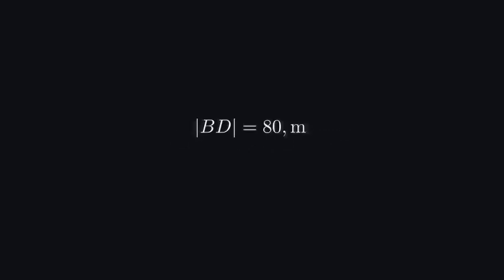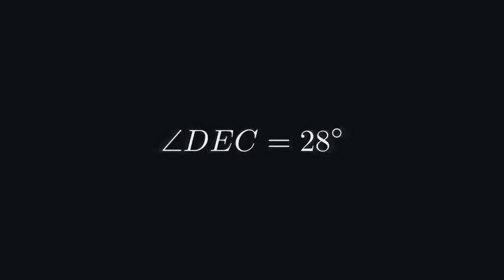Length of BD equals 80 m. Angle DAB equals 36 degrees. Angle DEC equals 28 degrees.